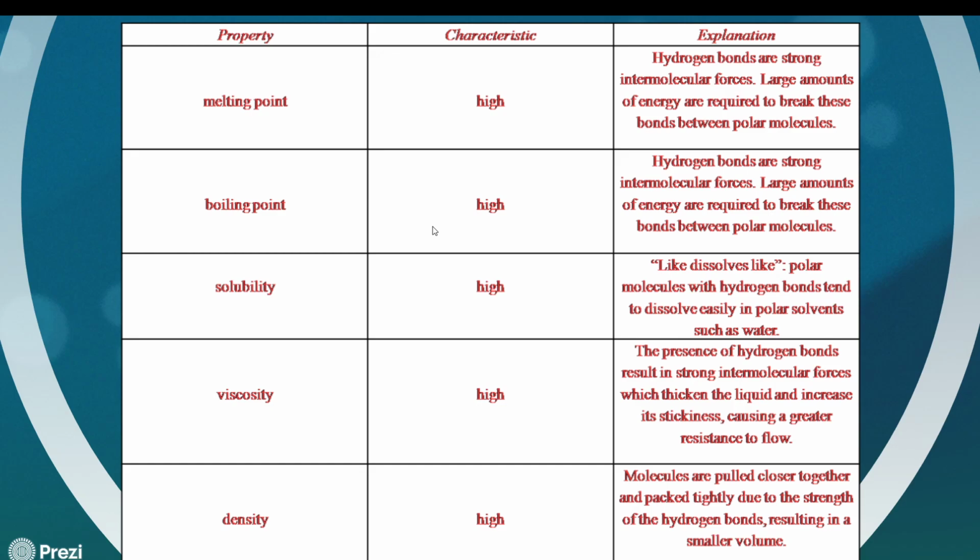And this is where our "like dissolves like" comes from. That nearly anything that's polar, or if it's ionic, can dissolve easily in water. Whereas things that are nonpolar only dissolve in nonpolar substances, and often they don't even dissolve all that well.